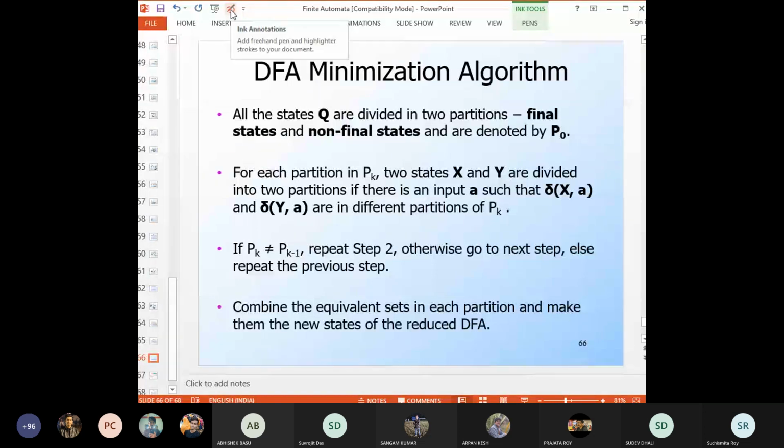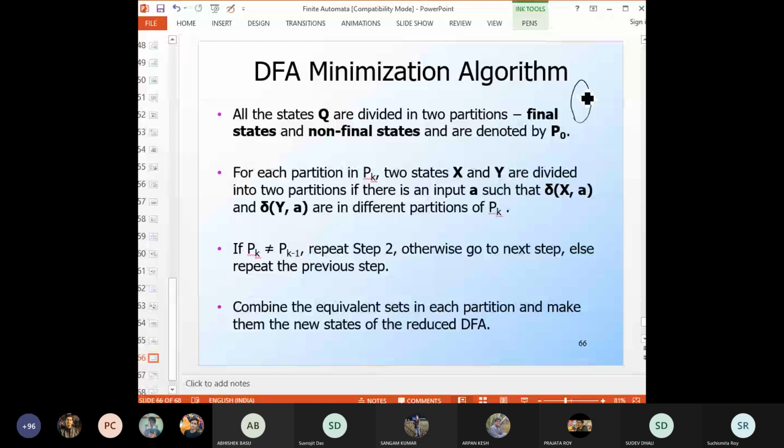What it means is, suppose you now have a set, and there is one partition here in which there are two states X and Y. There could be more, but two states at least.